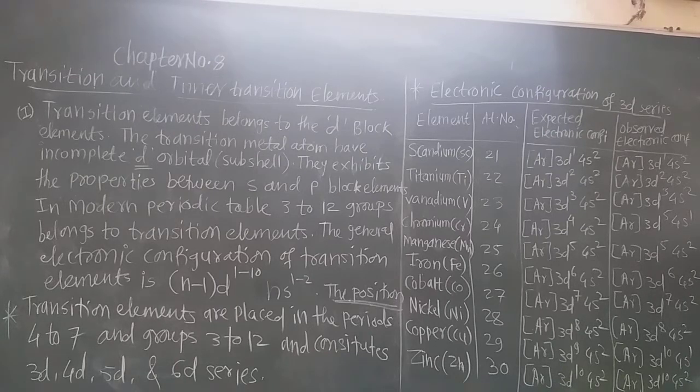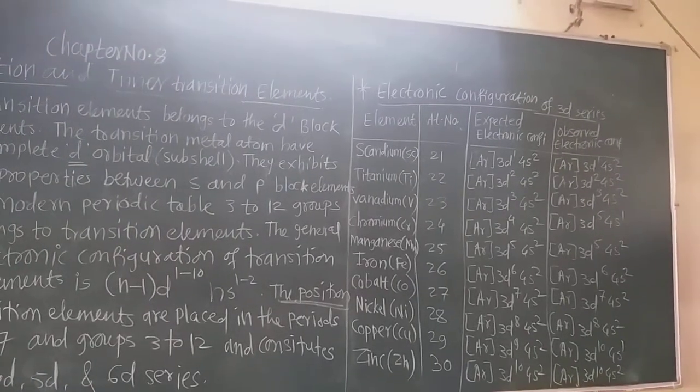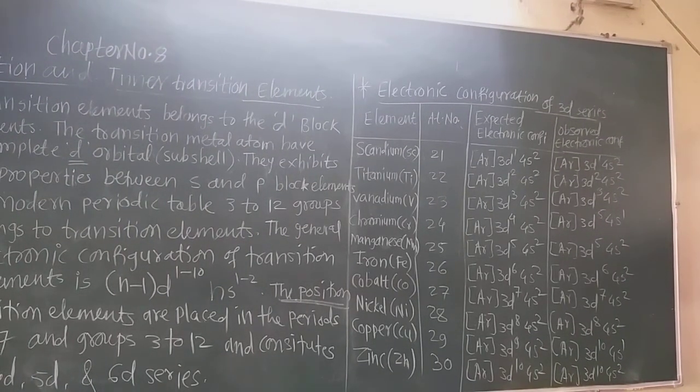And groups 3 to 12 in the periodic table constitute the 3D, 4D, 5D and 6D series of these transition elements. Now let us first see the electronic configuration of the 3D series or first series of the transition elements. Now see on the blackboard the 3D series.